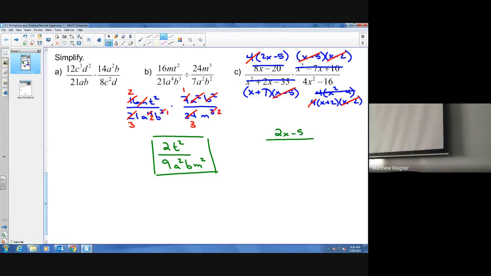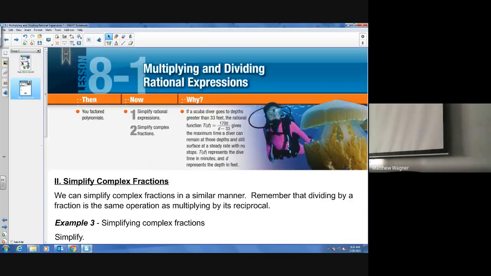On the bottom, it looks like I have an x plus 7 and an x plus 2. So as you can hopefully see, factoring, if it wasn't your friend before, is going to be a super big friend this chapter.